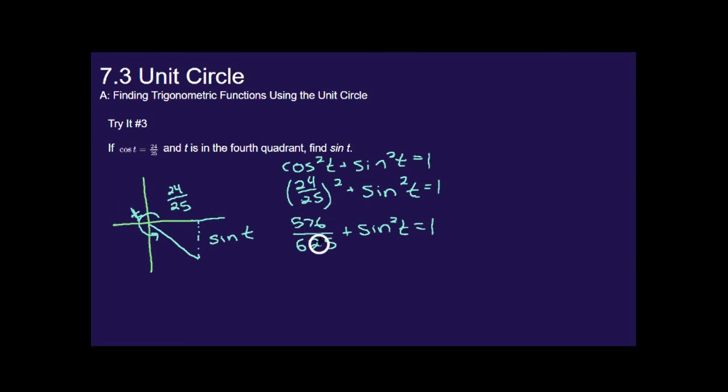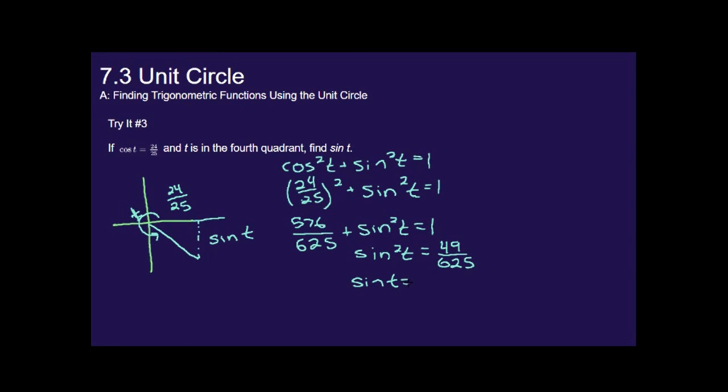I'm going to move this fraction to the other side in order to isolate my sine squared of t. So I'm going to subtract 576/625ths from each side. So I get sine squared of t is equal to 49 over 625. Now I need to square root both sides to get rid of that squared.